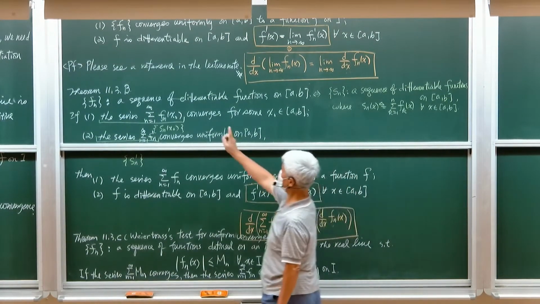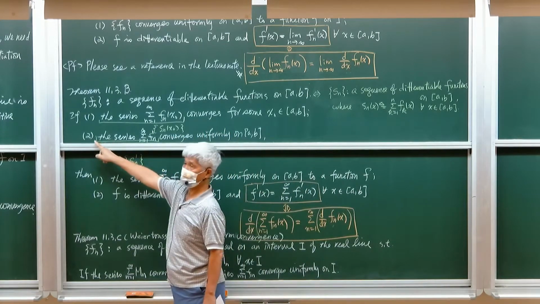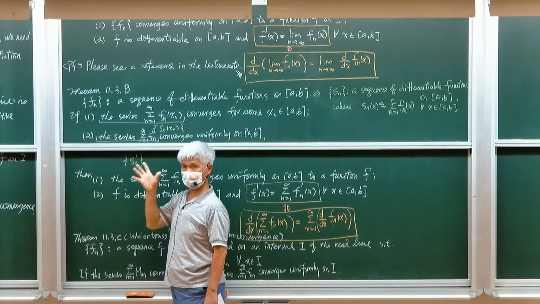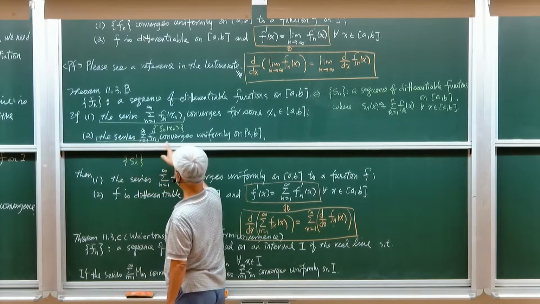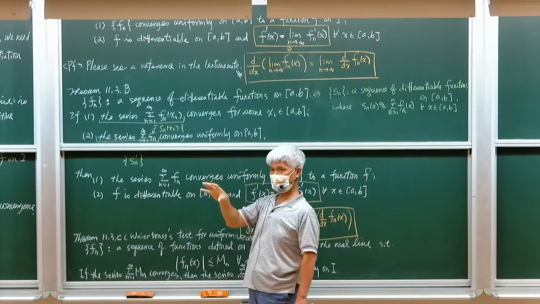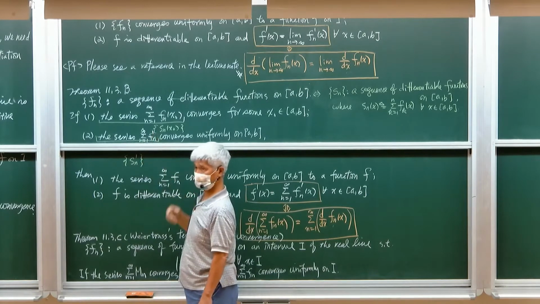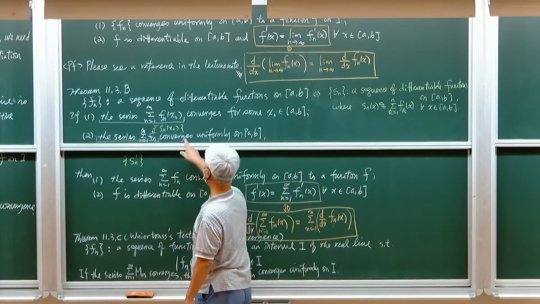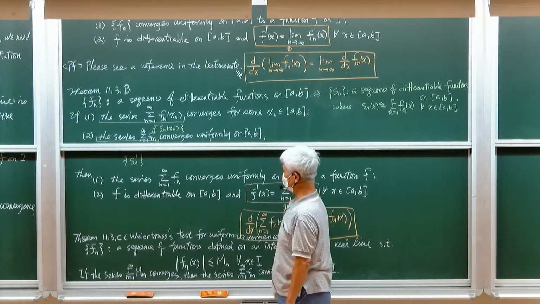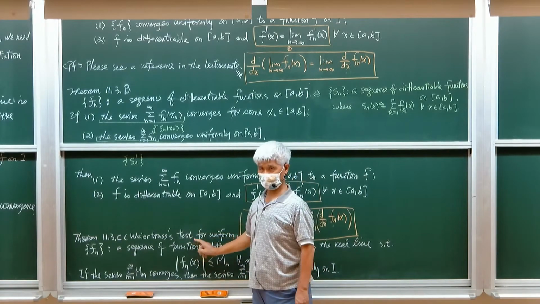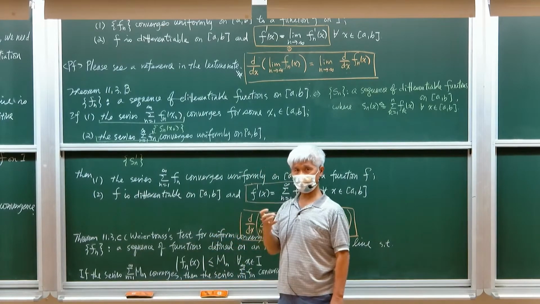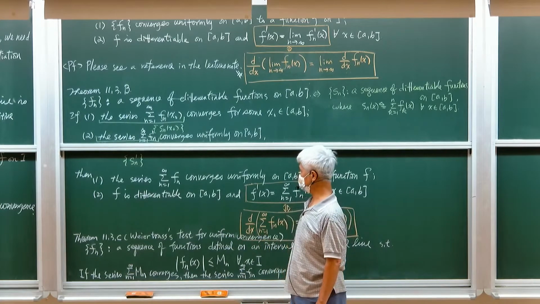Okay, so to test, because the second condition is a major condition, we have to check whether the series sum of the derivative of f sub n converges uniformly. Now, Weierstrass test gives us a very convenient tool.